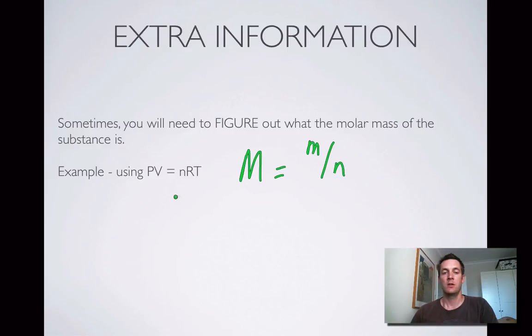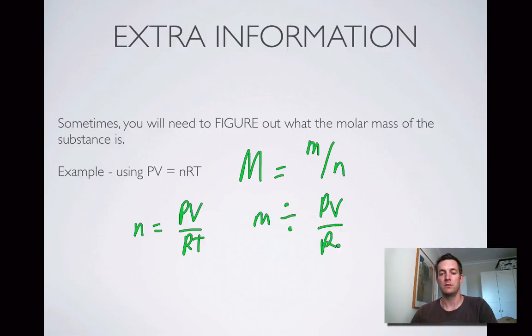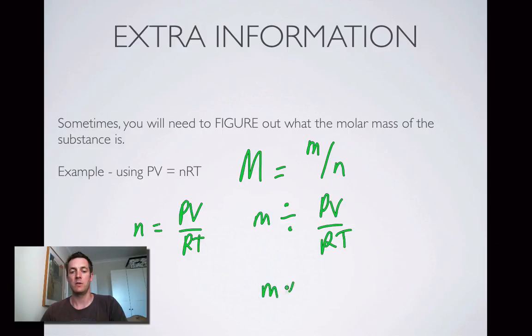What's n according to this equation? n is PV on RT. So if we take M and divide it by PV on RT, that's the same as M multiplied by RT on PV, which is MRT over PV.